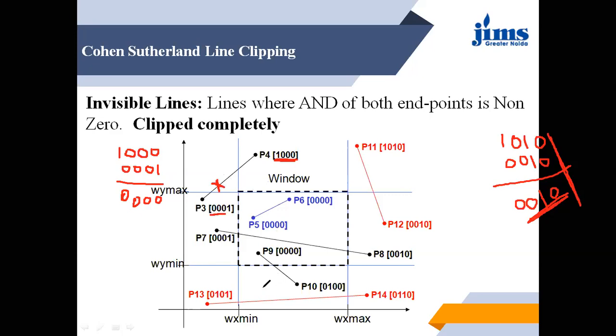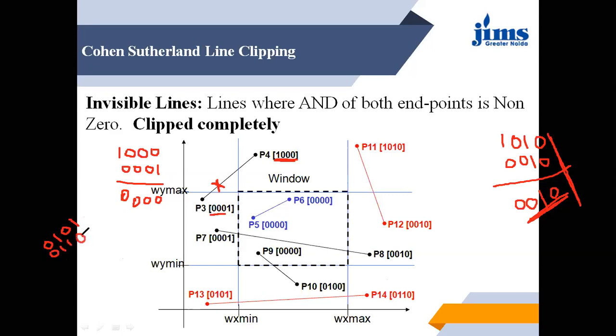Here we can see another line also, that is P13 and P14. The region code of P13 is 0101, and the region code of the other endpoint, that is P14, is 0110.